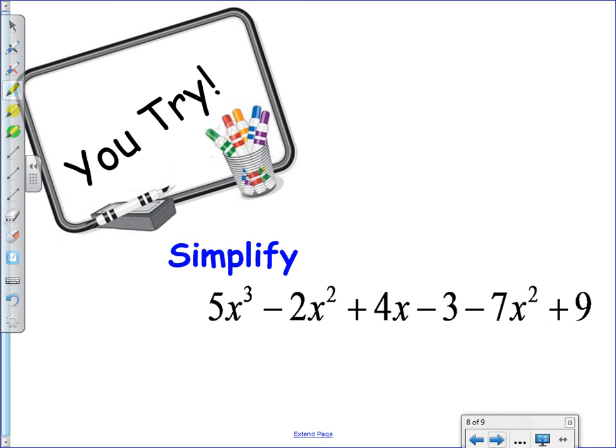Okay, now try this one out. Double check your answer.